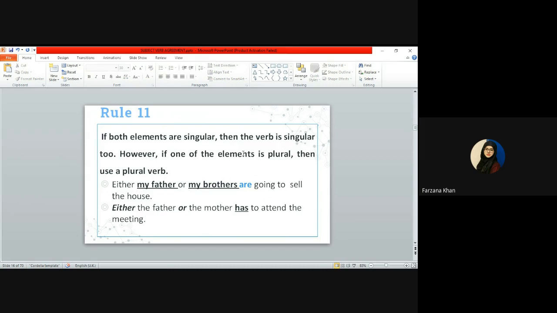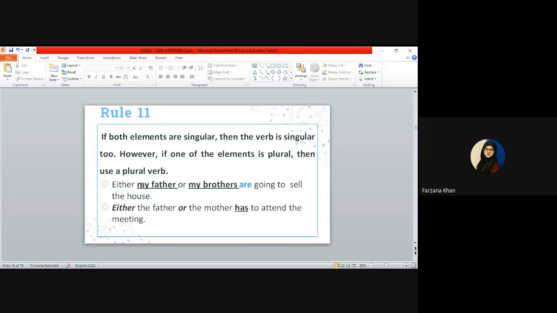But if one is plural and the other is singular, then again you will go for plural verb. But if both the subjects, both the nouns are singular, and both of the singular nouns have been connected by either or, neither nor, then you will go for singular verb.